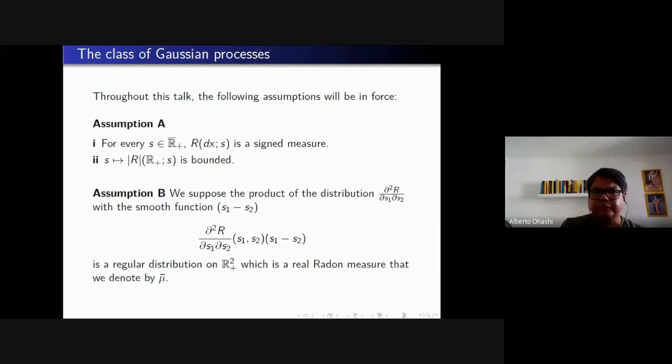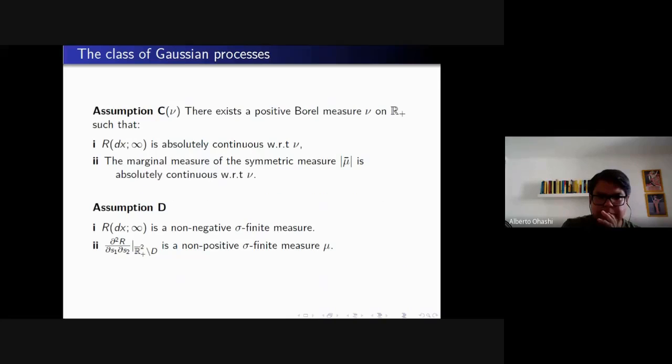Okay, so for the technical assumptions, I don't want to go into too much discussion here, but I just want to say that the most important assumption that we need is the fact that the second order derivative in the sense of distribution is actually a regular distribution and is a sigma finite measure. Okay, this is very important.